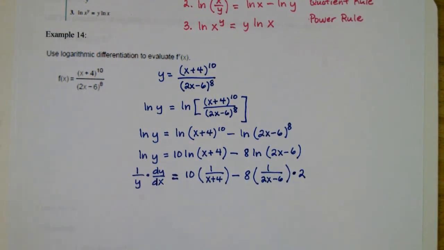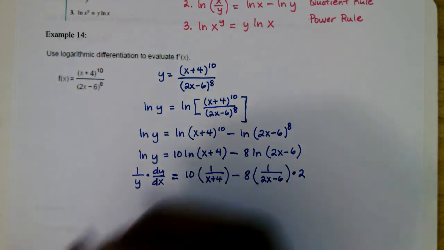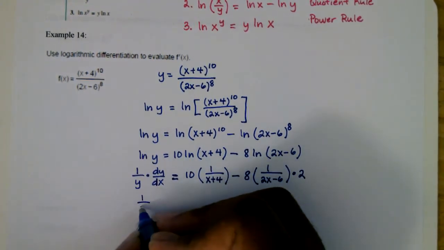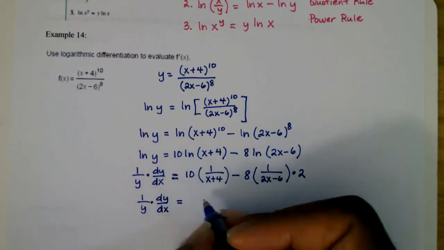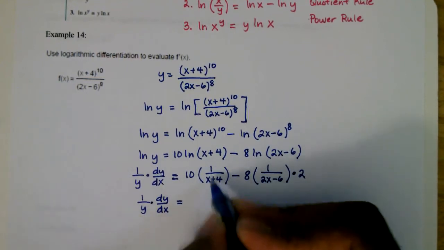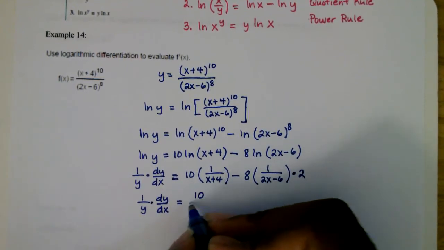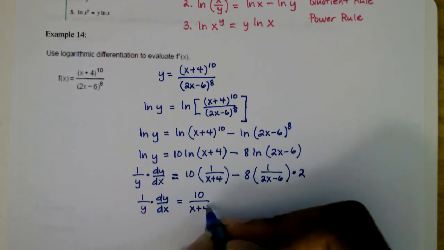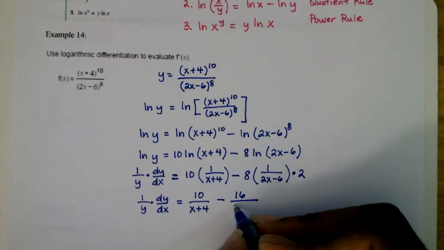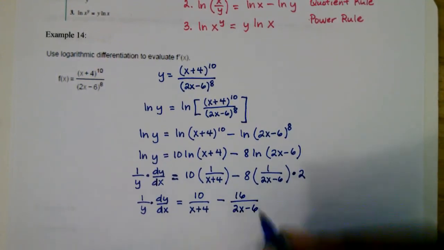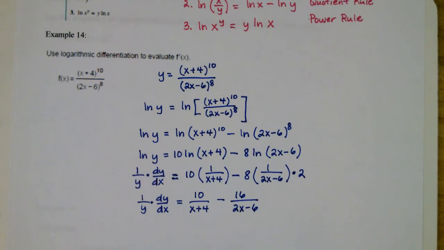All right, so now, let's see if we can simplify this a bit. I'll bring down the 1 over y times dy dx. 10 times 1 over x plus 4 will be 10 over x plus 4. Minus 8 times that 2 will be 16. That's going to be over 2x minus 6. Okay.